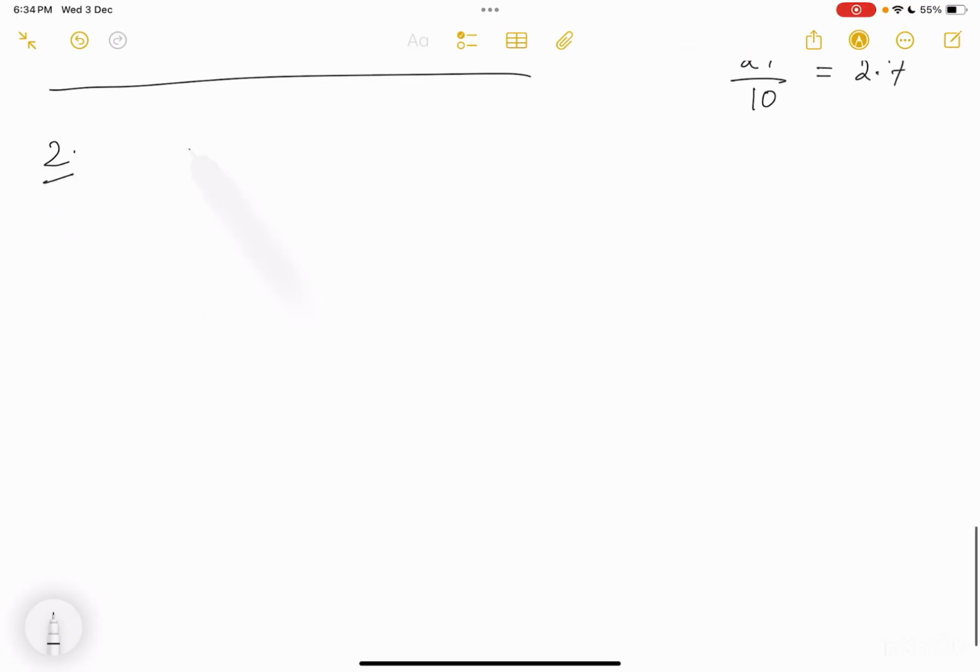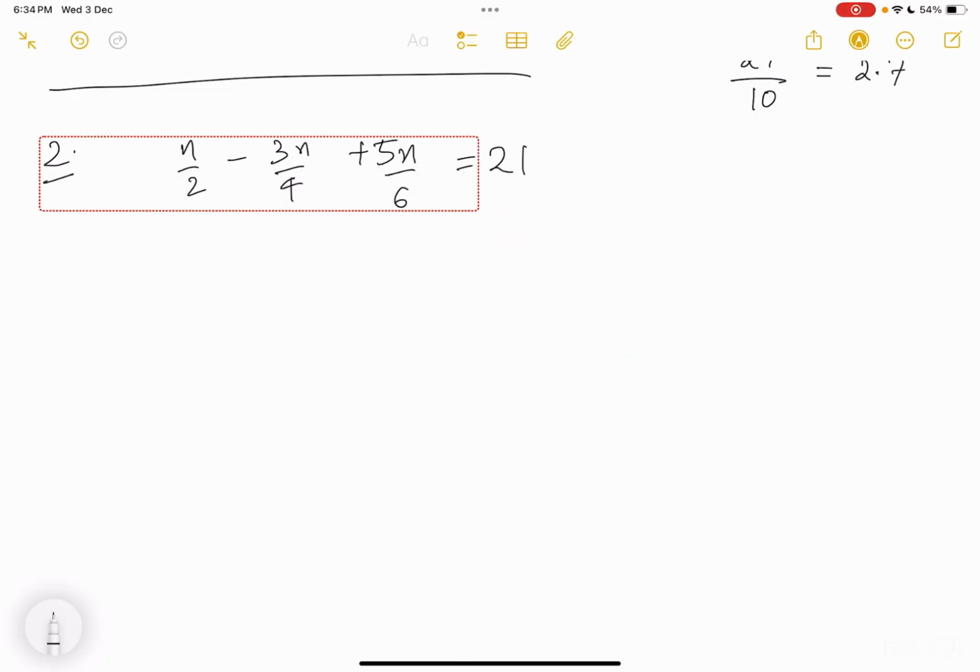Question 2, n by 2 minus 3n by 4 plus 5n by 6 is equal to 21. See, you can take the LCM in this and solve it.